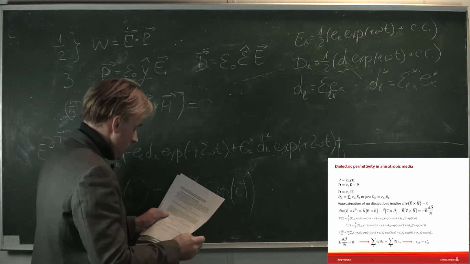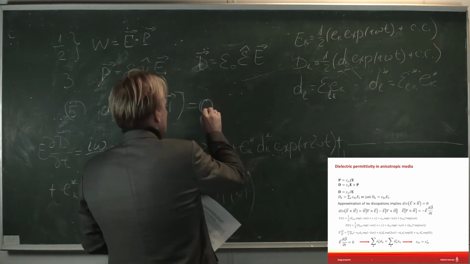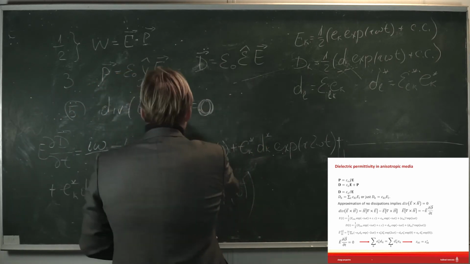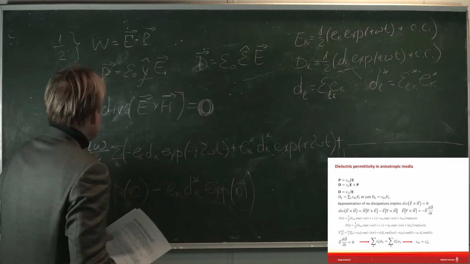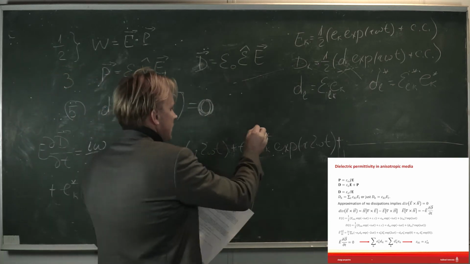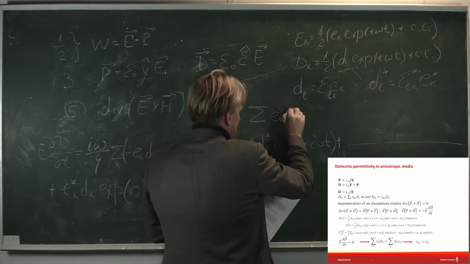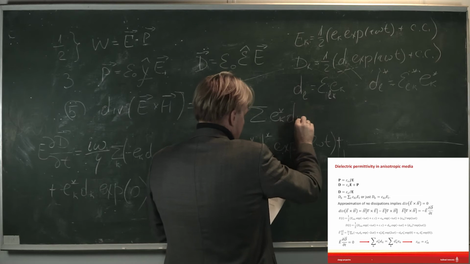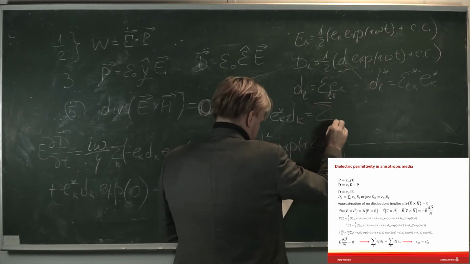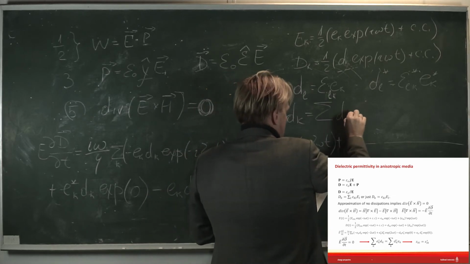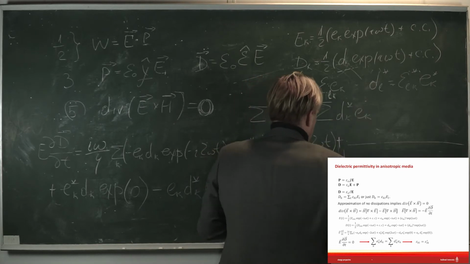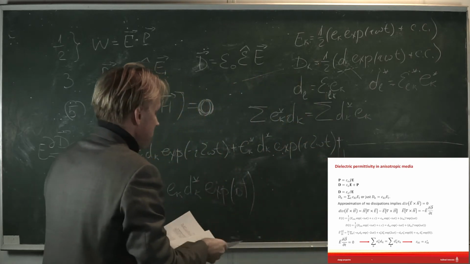And if you want to satisfy the condition that divergence of the Poynting vector is 0, then you have to stick to the condition that this expression is valid.